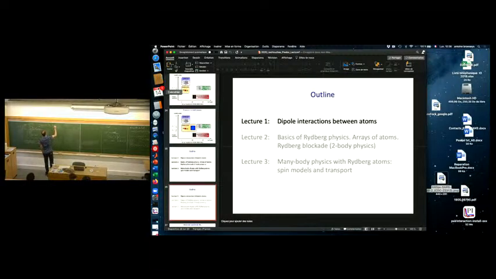All right, so interactions, so dipole-dipole interaction. The case I'm going to discuss is what is called the static case. This is one limit of what Darek showed you this morning.